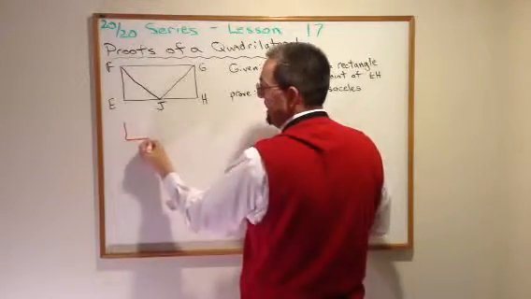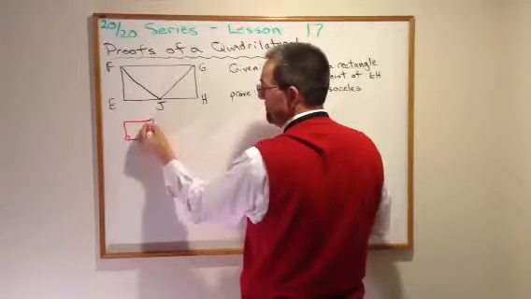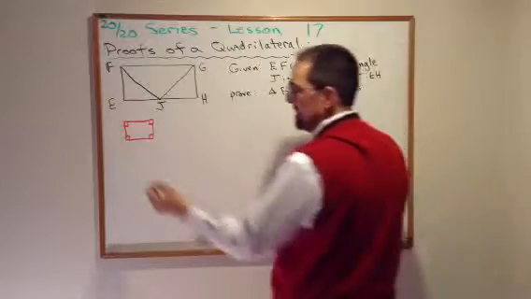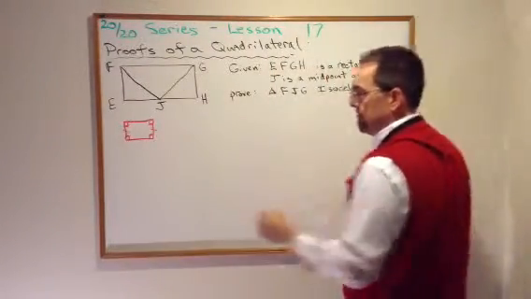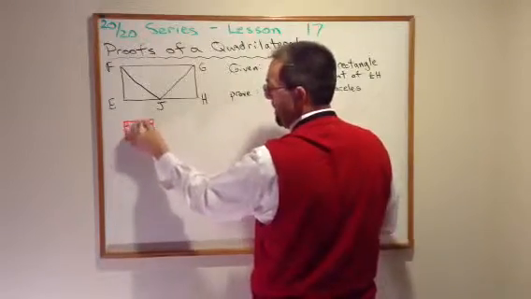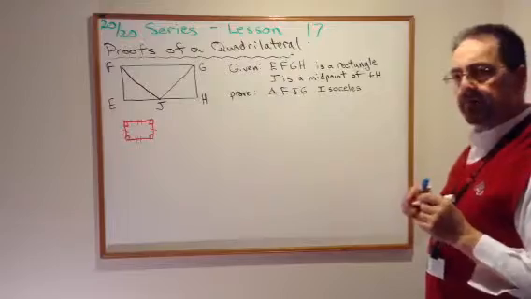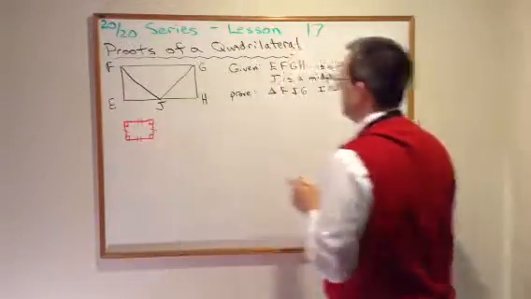Let's just draw a little rectangle here. All 4 corners are 90 degrees. The opposite sides are congruent. So we've got our 90 degrees. Opposite sides are congruent.